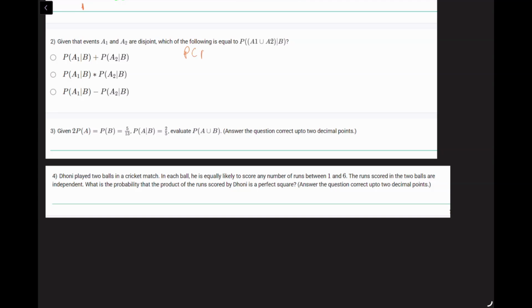The probability of A1 union A2 given B is the probability of A1 given B plus the probability of A2 given B. Why? Because these are disjoint events. For disjoint events, this is the formula. This is one variant of the main formula. It's simply A1 given B, then A2 given B, because this is a disjoint event.